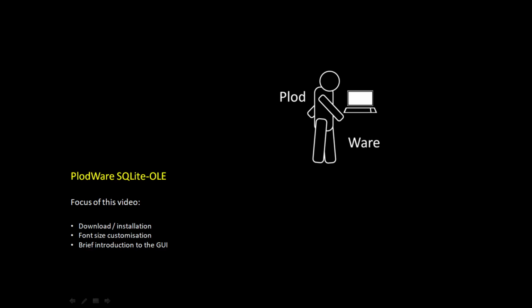In this video, we're going to focus on the PlodWare SQLite Olay, how to download it, install it, trivial, a little bit of font customization, and a brief introduction to the GUI.